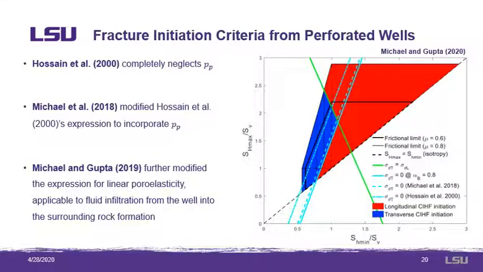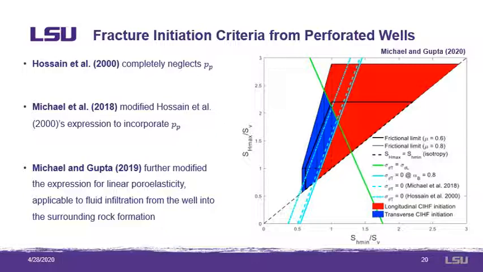Going back to the previous section, for perforated wells, I mentioned 3 orientation criteria, which are all shown in this allowable stress state diagram. The simplest one is Hossein's from 2000, which is also the most conservative and is indicated by the cyan dashed dotted line.